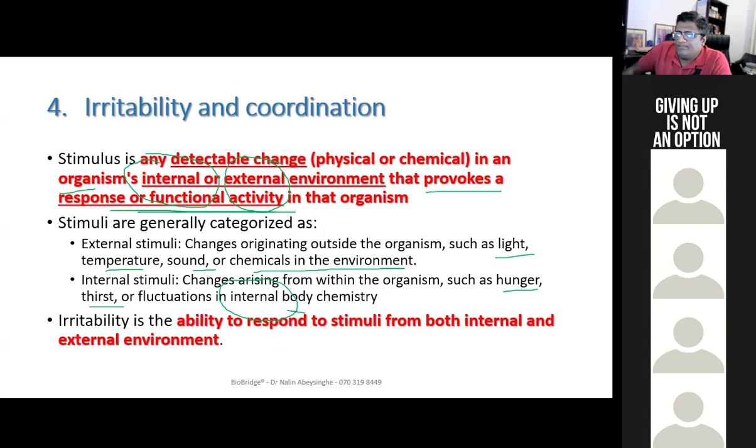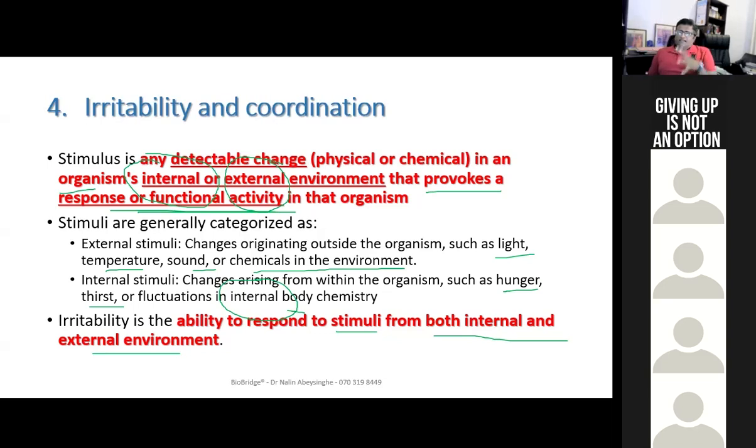Then we come to the proper thing, because we've been discussing this to help with it. Irritability is the ability to respond to stimuli from both internal and external environment, right? It's an ability.